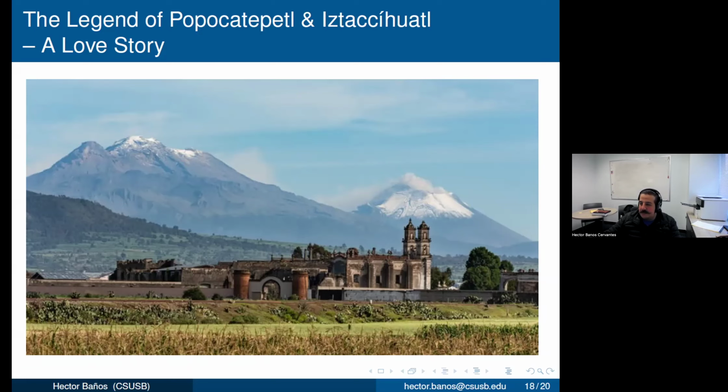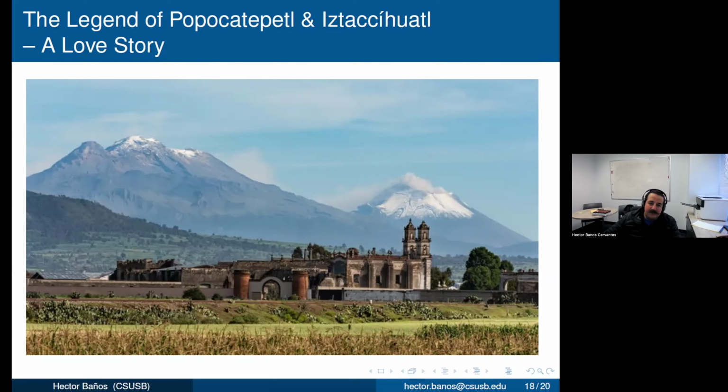The legend continues that whenever Popocatépetl, the warrior, recalls his beloved, his heart, which preserves the fiery embers of eternal passion, trembles, causing his torch to emit smoke. Thus, to this day, the Popocatépetl volcano continues to release fumaroles.